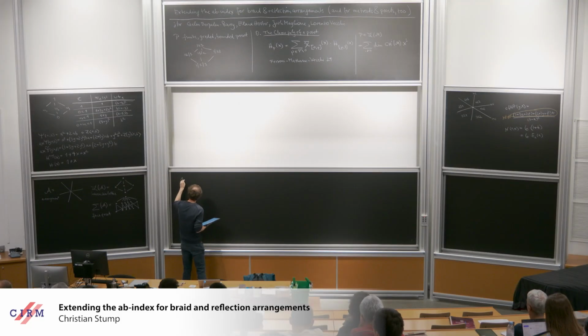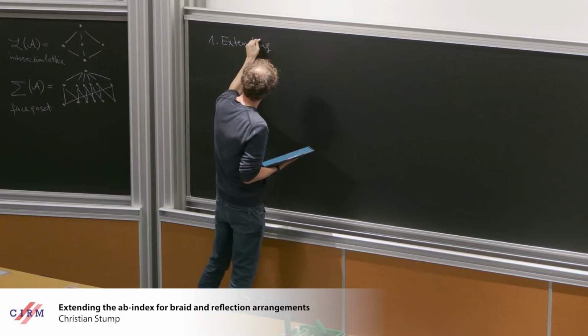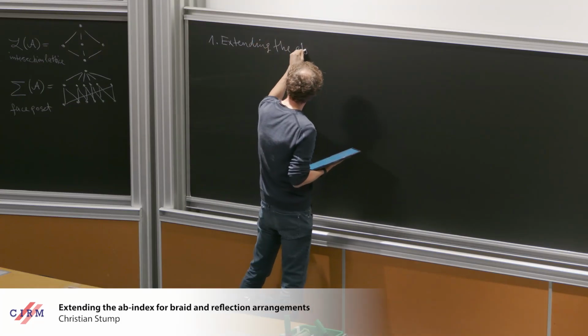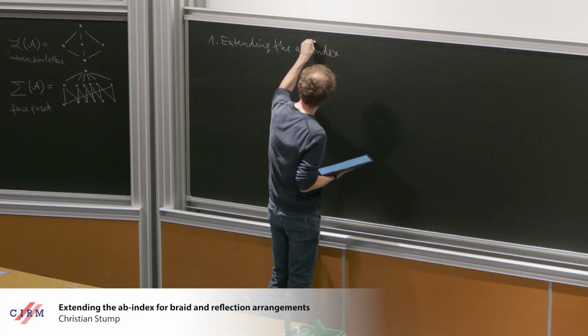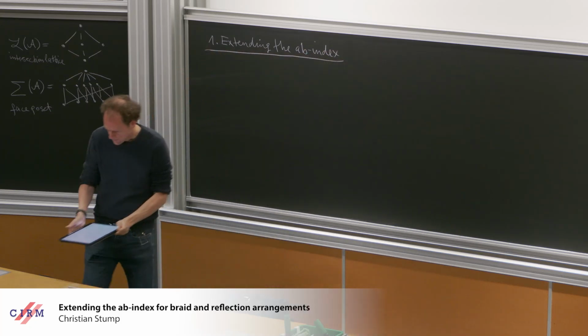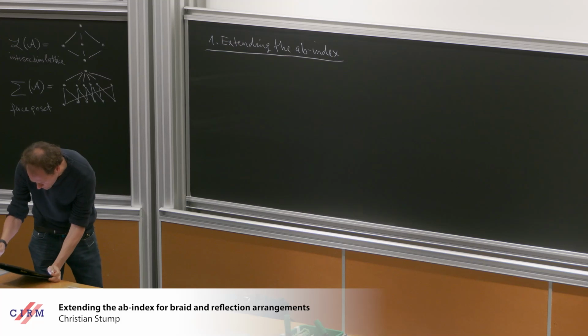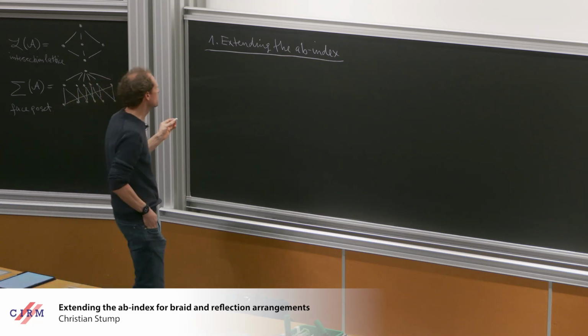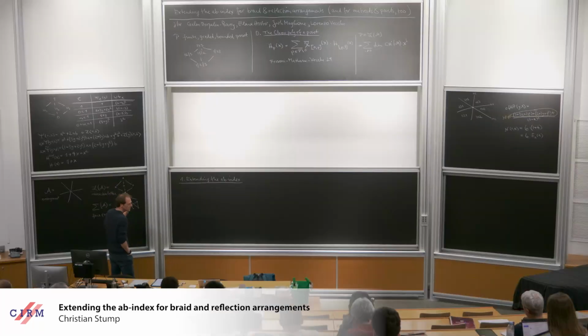The section is called extending the AB index. The first object we attach to such a poset is the Möbius function.